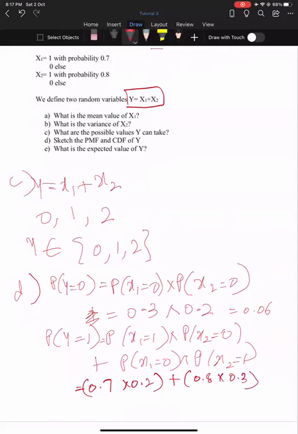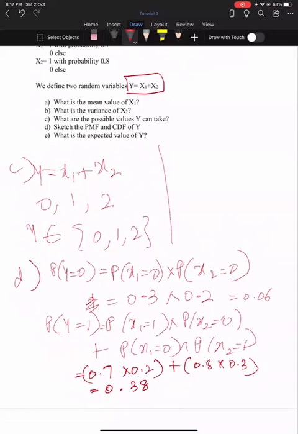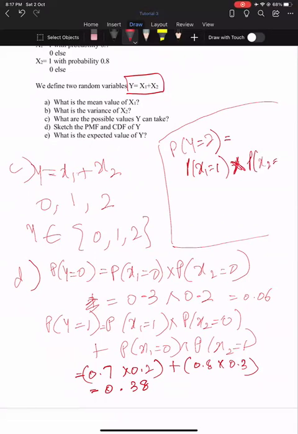So we'll get 0.38, I think. You guys can check if I'm wrong. And then for y equals 2, we have x1 is 1 and x2 is 1, so we get 0.7 into 0.8, which is 0.56.